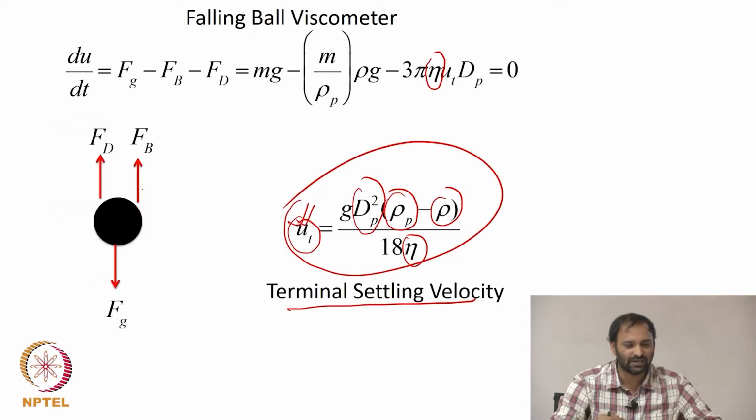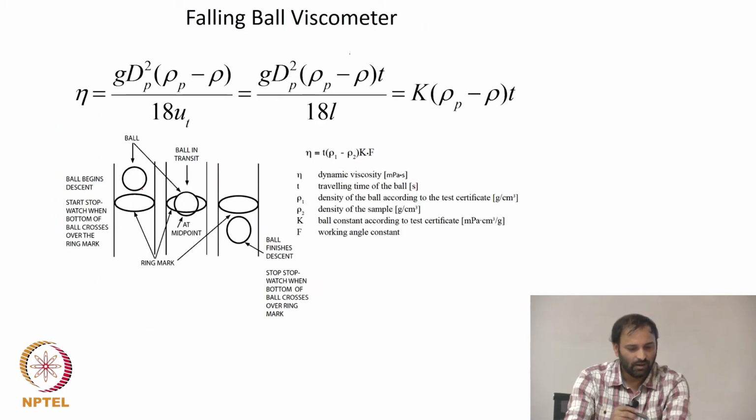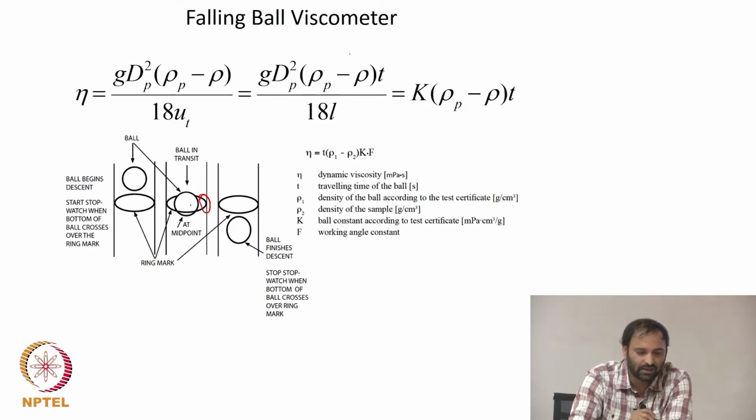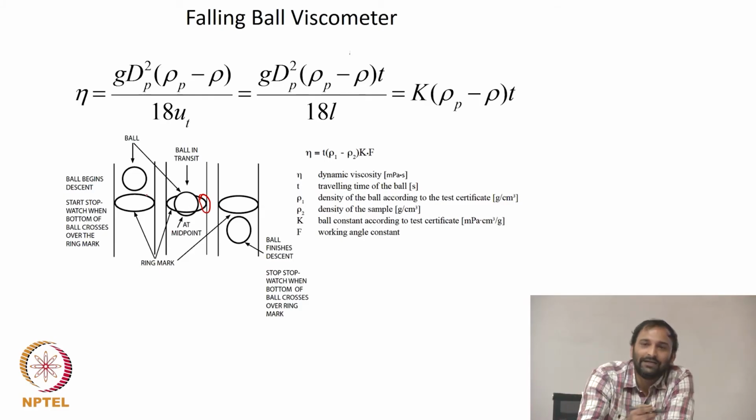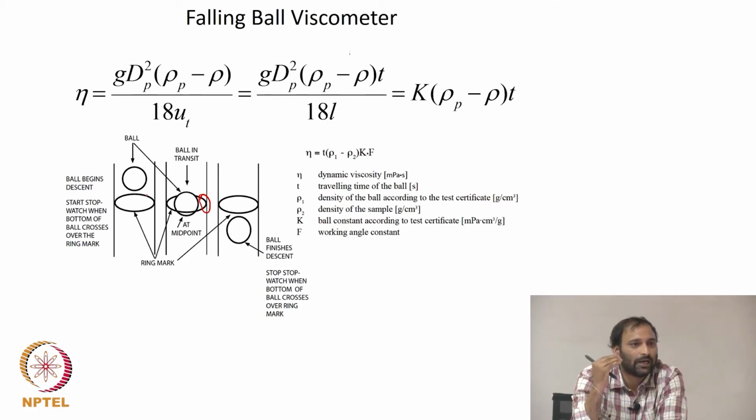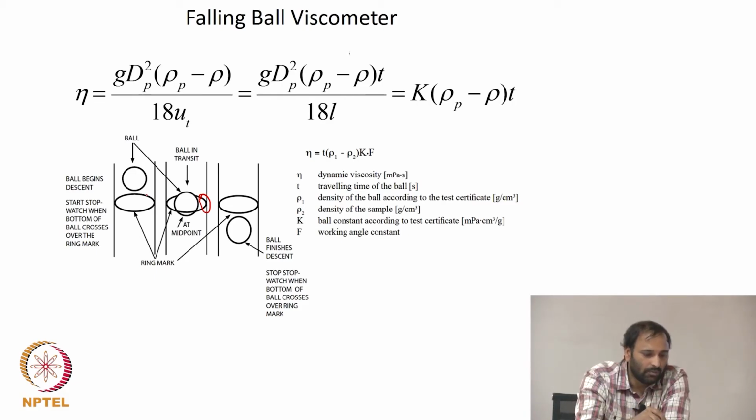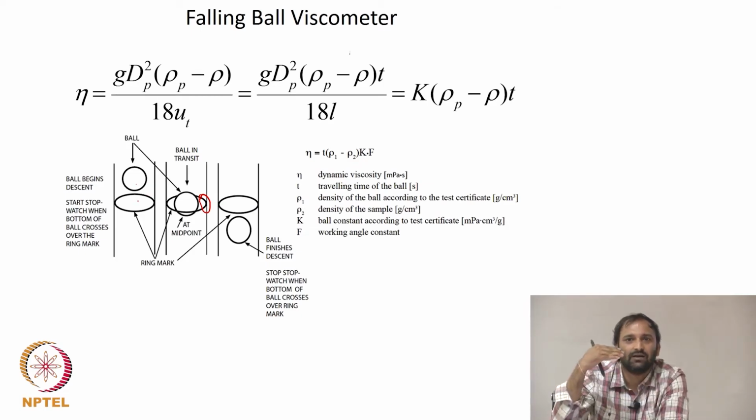There are markers, that's the graduation that you see. What you do is identify the instant of time at which the ball intersects this ring, and the instant at which it travels and goes outside this ring.